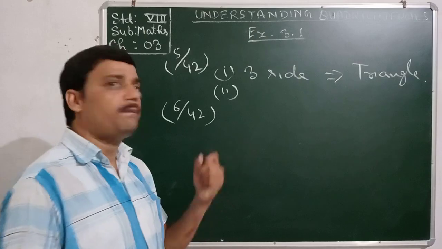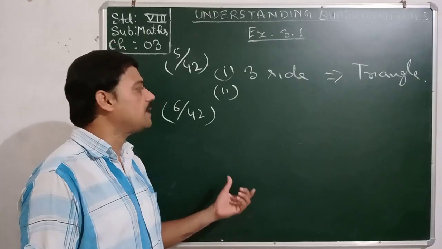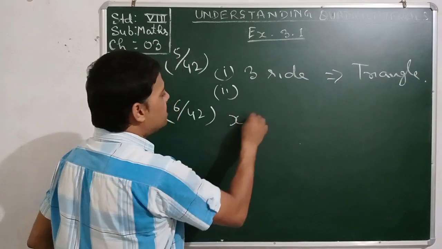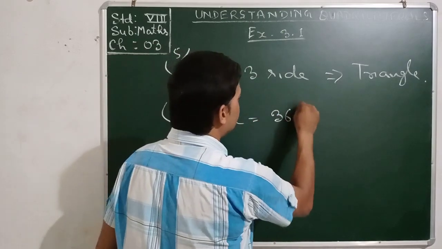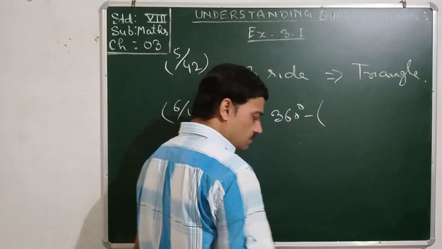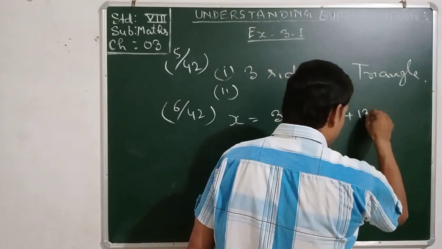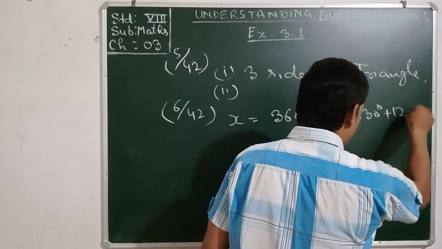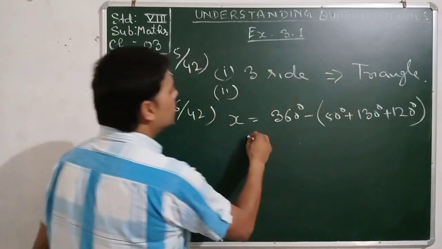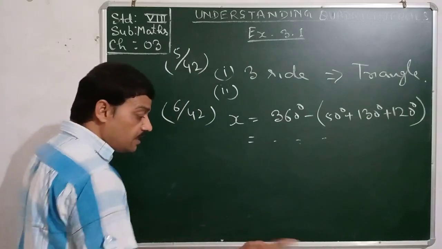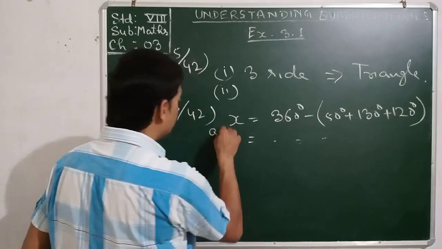As we know, the angle sum property says the sum of angles will be 360 degrees. So simply write x equal to 360 degrees minus all the remaining angles, 50 degrees plus 130 degrees plus 120 degrees. If you calculate this, you will get the value of x. This was for the A number.